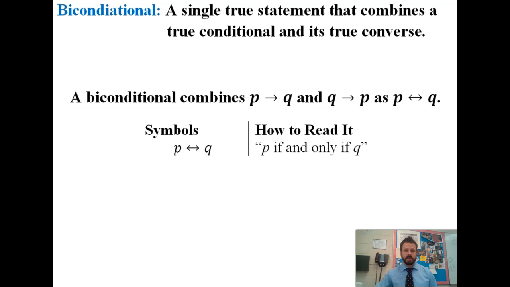Symbolically, a biconditional combines if P then Q and its converse, if Q then P, as P double arrow Q, which we can read as P if and only if Q. So drop the if-then, put the if and only if between the two, and that combines the conditional and the converse in one step.